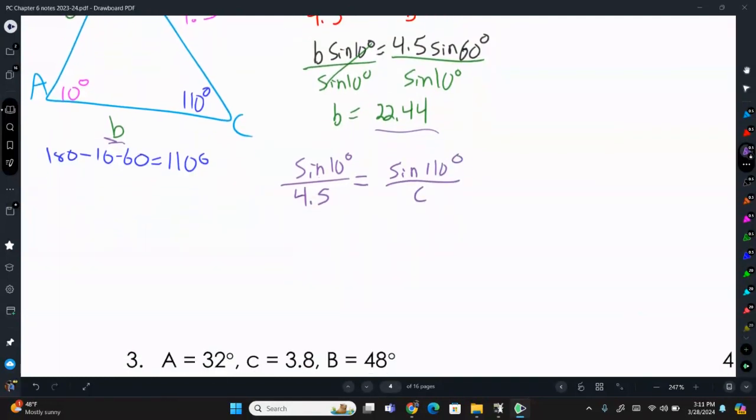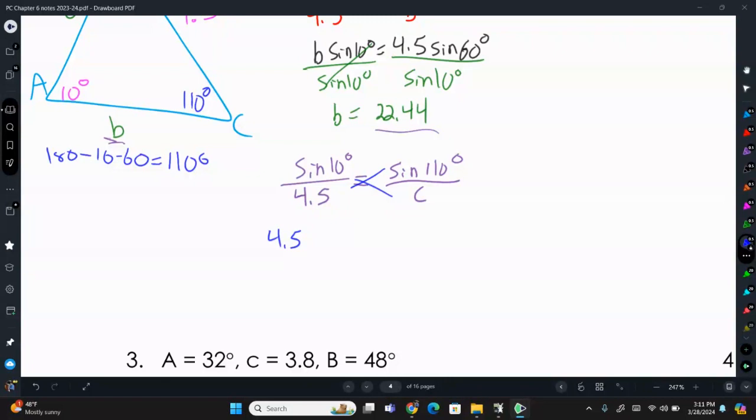And we can cross multiply, and you probably picked up on this already, but we can just write this cross multiplying and dividing all in one step.